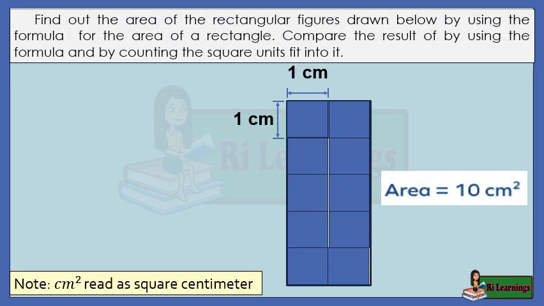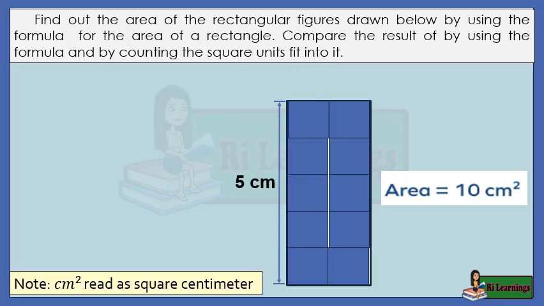Find out the area of the rectangular figures drawn below by using the formula for the area of a rectangle. Compare the result of using the formula and by counting the square units that fit into it. Since the length of the rectangle has 5 units square of 1 centimeter, the length of the rectangle will be equal to 5 centimeters.